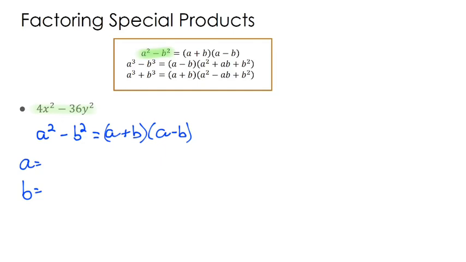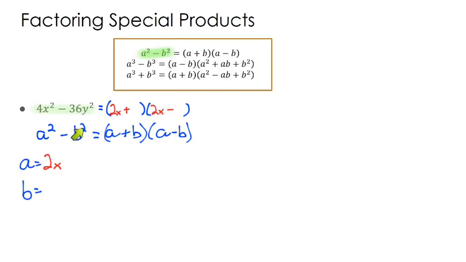If I look at the a value, we're saying some number squared gives you 4x squared. So what times itself gives us 4x squared? Hopefully you were saying 2x, because 2x times 2x is 4x squared. In other words, like I said in the last slide, it's basically the square root of whatever this term is. So we've got a 2x and a 2x.